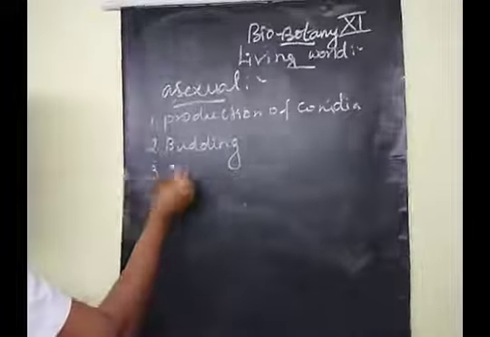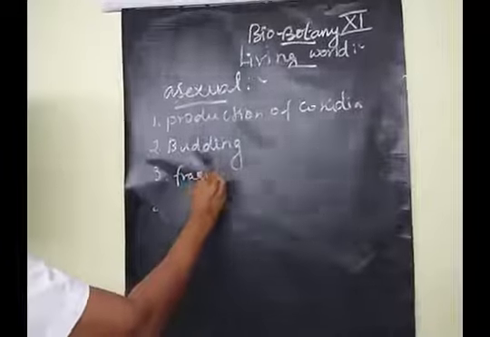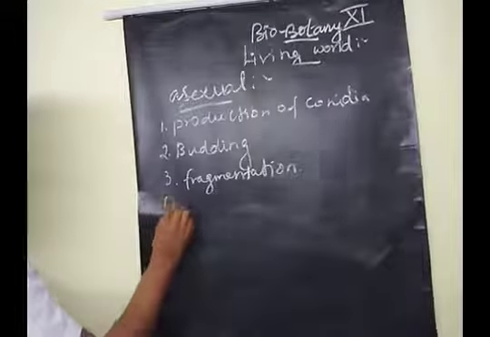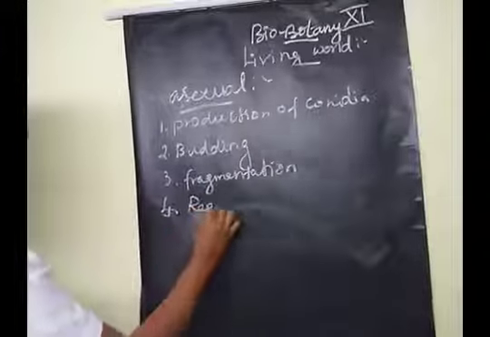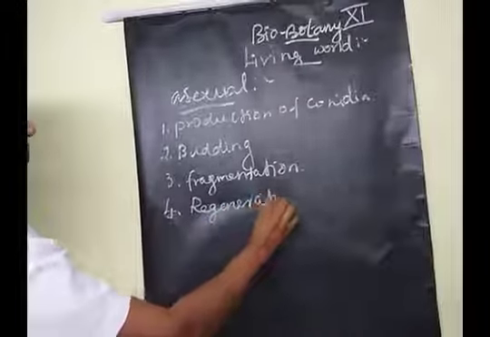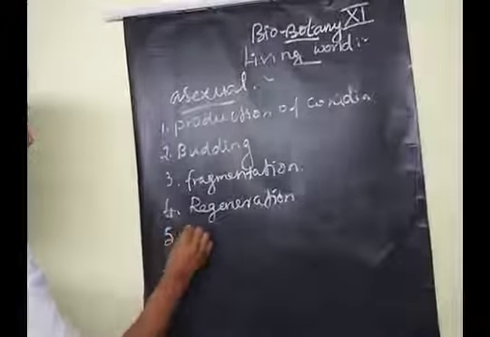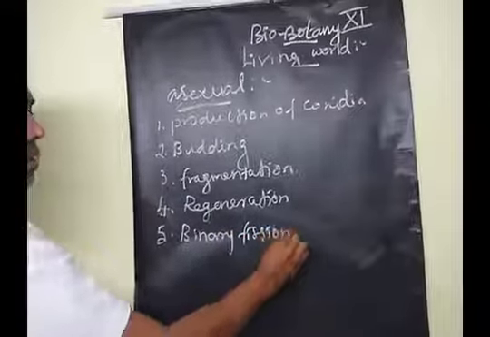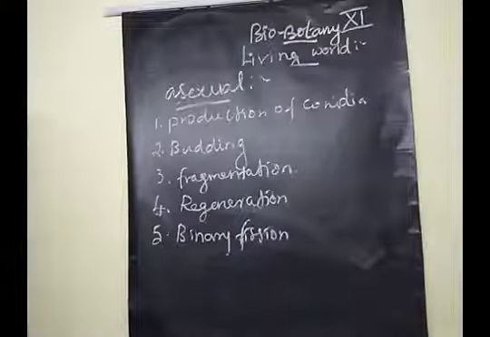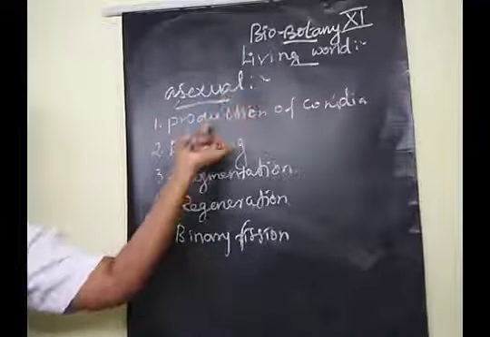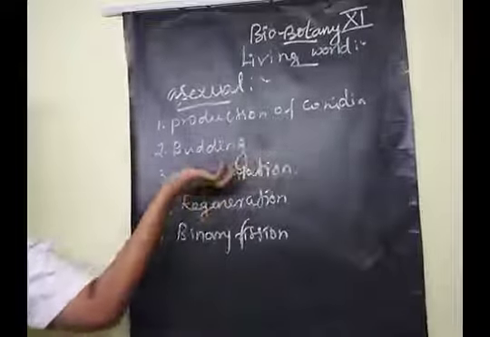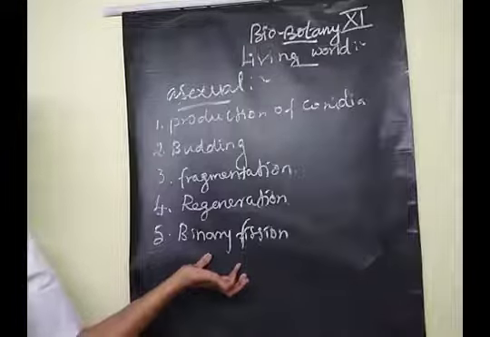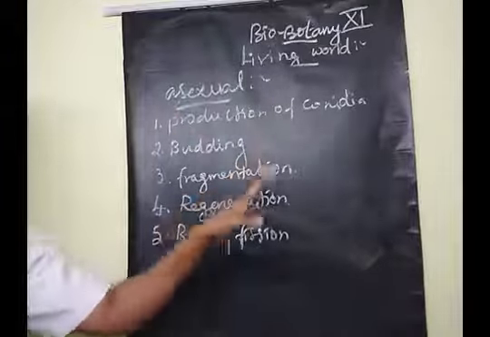Next one is fragmentation, then regeneration, then binary fission. Clear? What are the asexual methods of living organisms? Production of conidia, budding, fragmentation, regeneration, binary fission. These are the asexual methods of reproduction in living organisms.